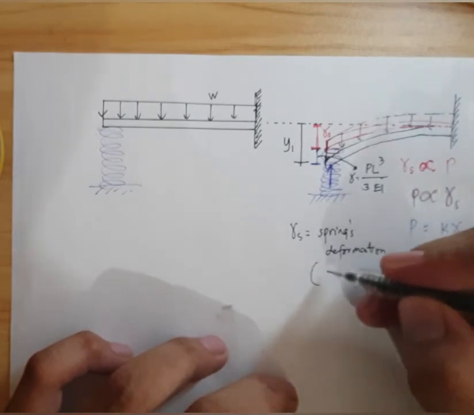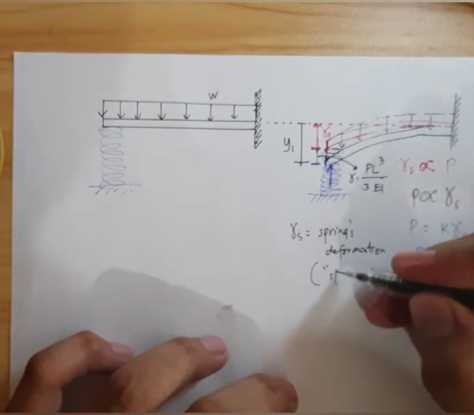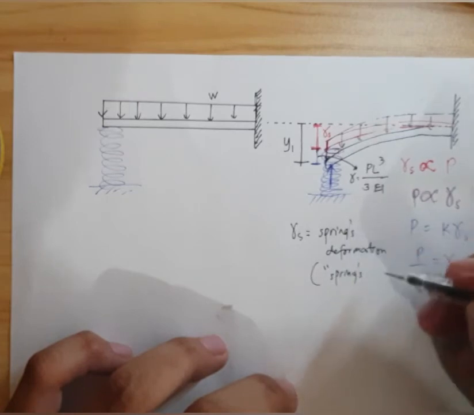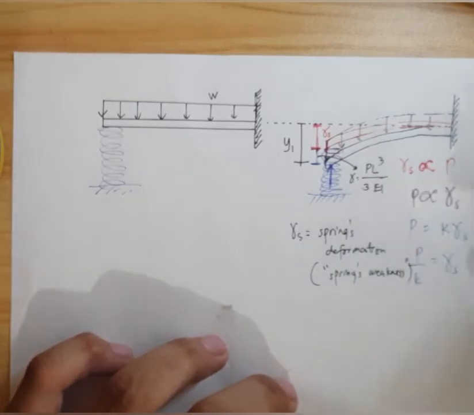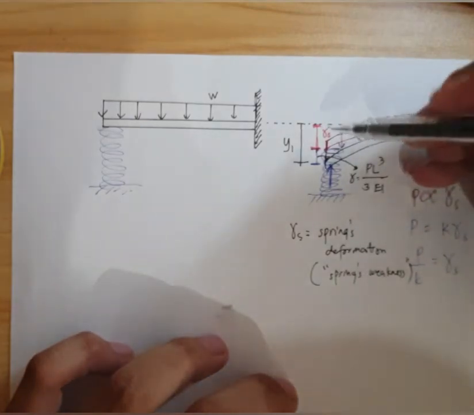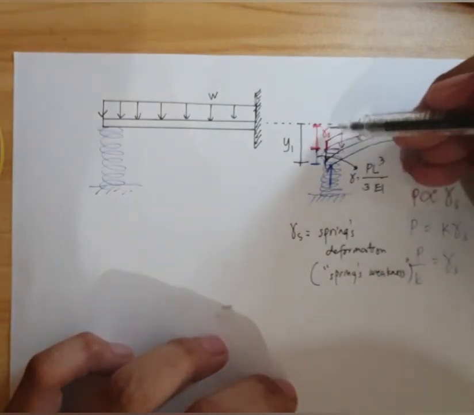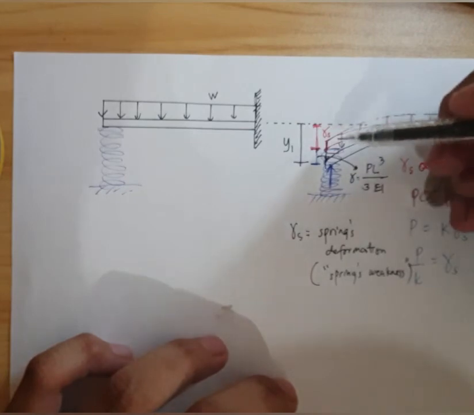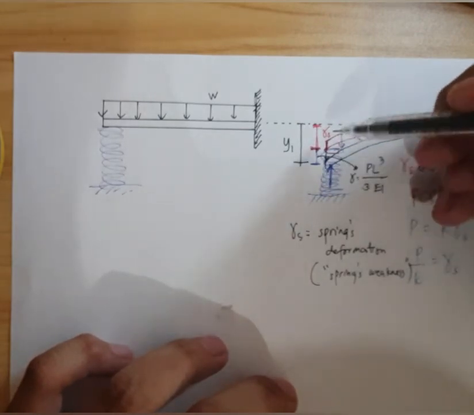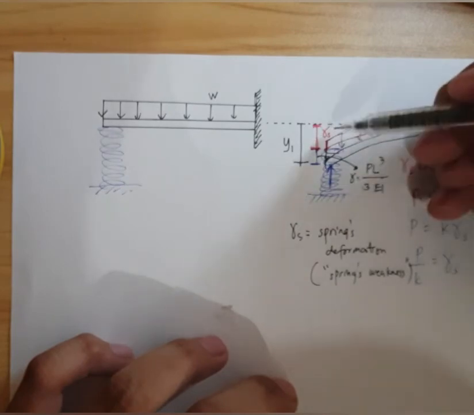So my term for this is the spring's weakness. The spring has a weakness compared to the fixed, roller, or hinge. It has a tendency to shorten, so it is not full resistance.